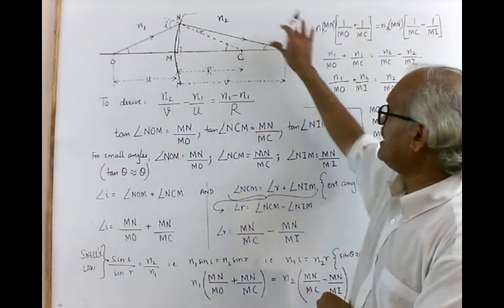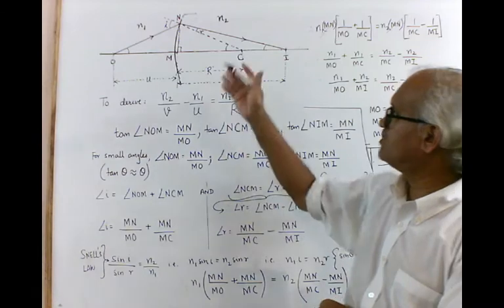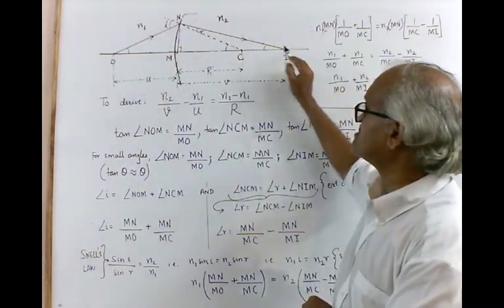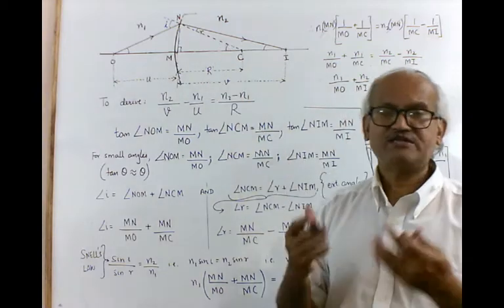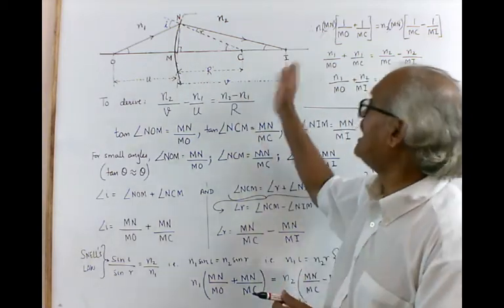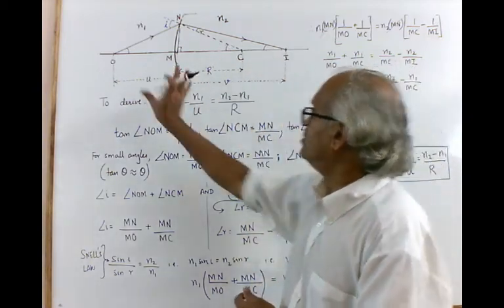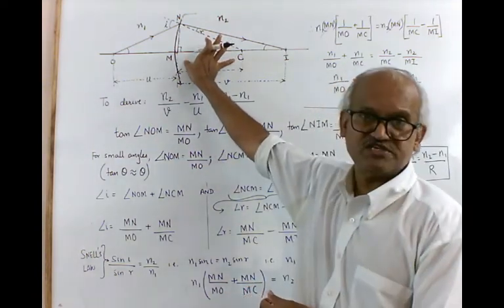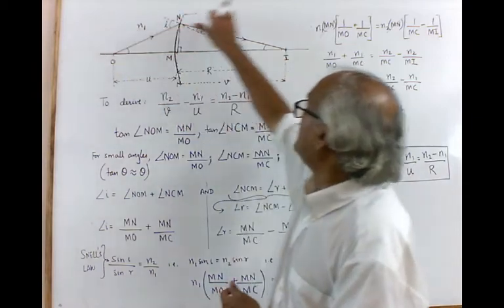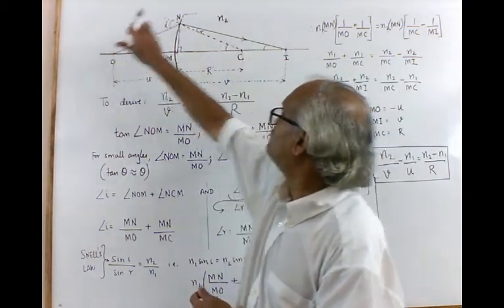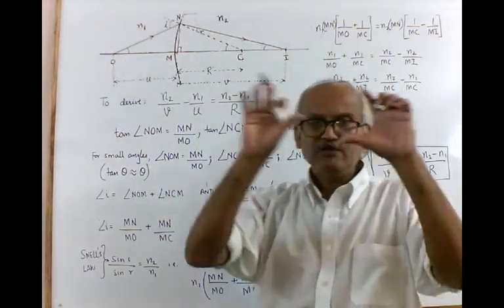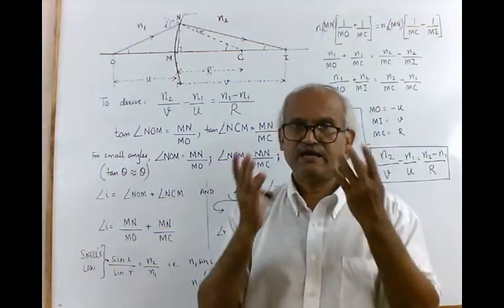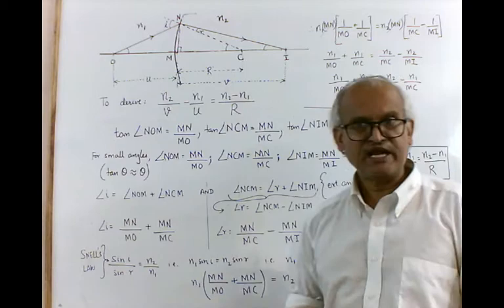Now, having said that, let us see what is going to happen when a ray goes like this, casts an image like this, what mathematical relationship we can have to connect object distance, image distance and radius of curvature for these two media with refractive indices n1 and n2. What is the equation connecting these physical quantities? That is what we want to derive.